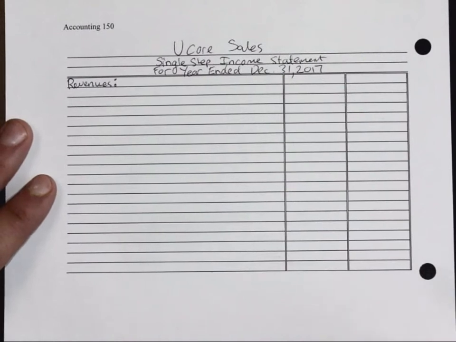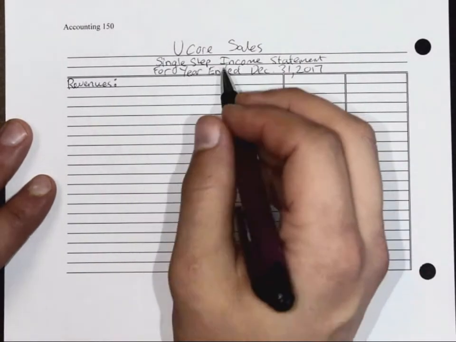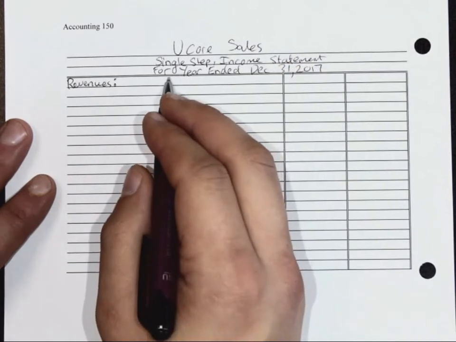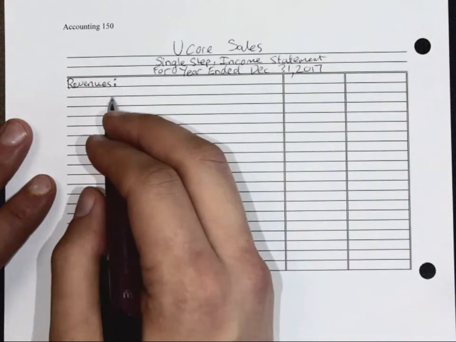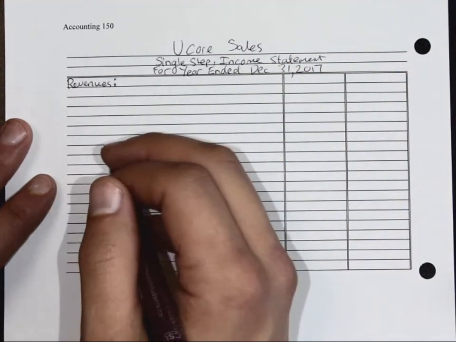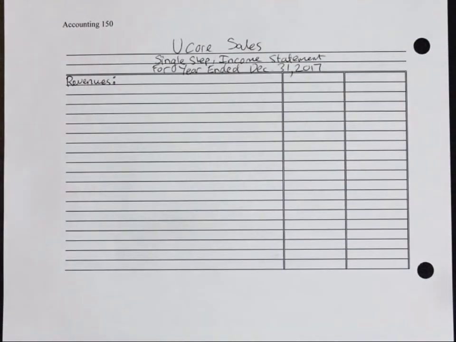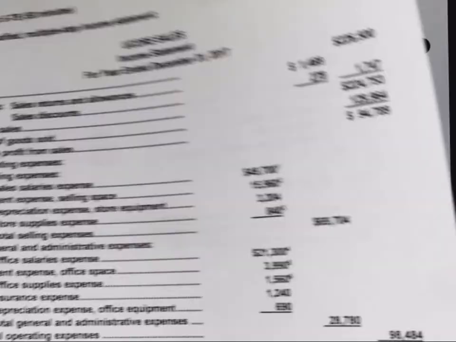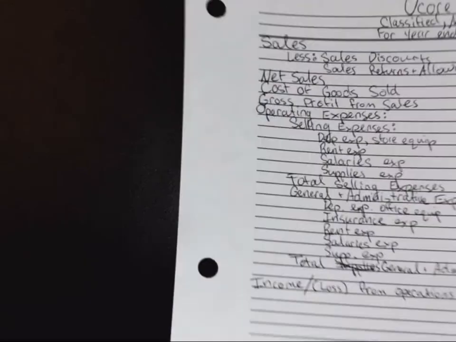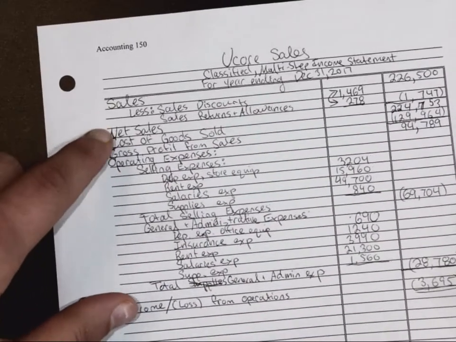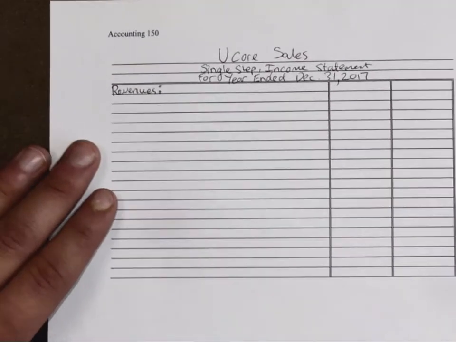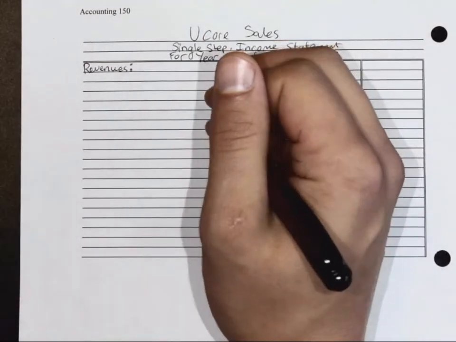What does that say at the top, sorry? Single step income statement, right below the title. Revenues. And all we do is give our totals for each of them. So here, we just give our net sales.